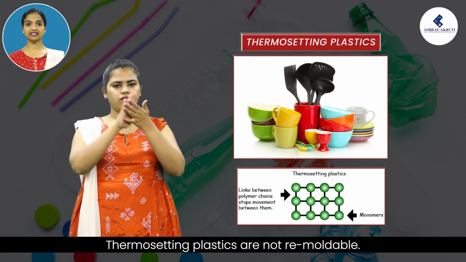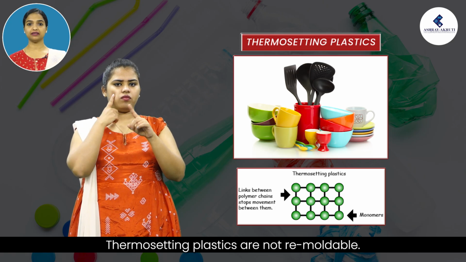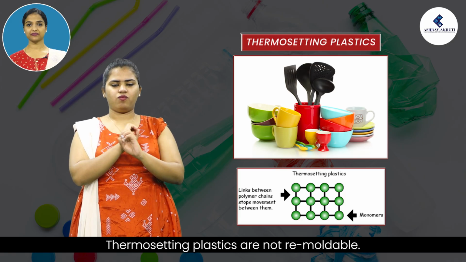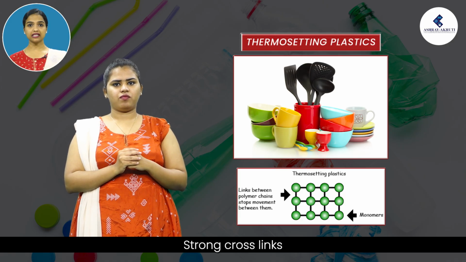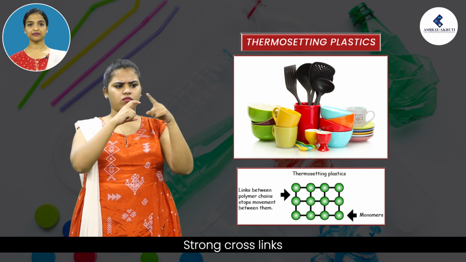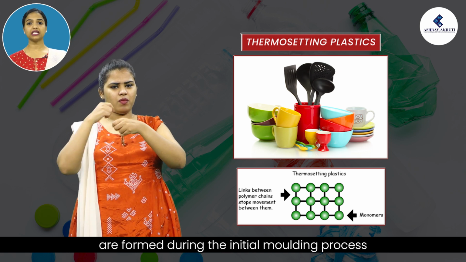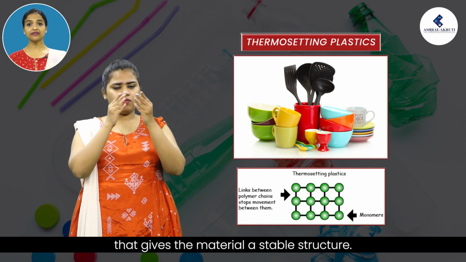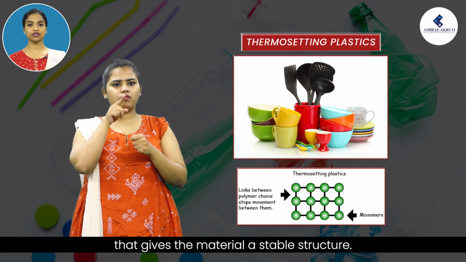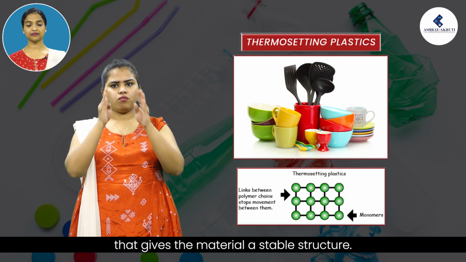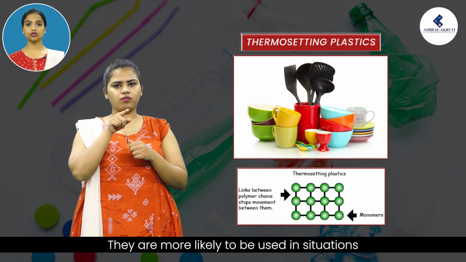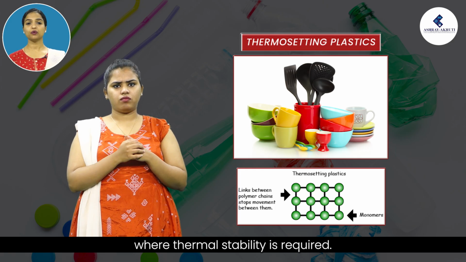Thermosetting plastics are not remoldable. Strong cross links are formed during the initial molding process that gives the material a stable structure. They are more likely to be used in situations where thermal stability is required.